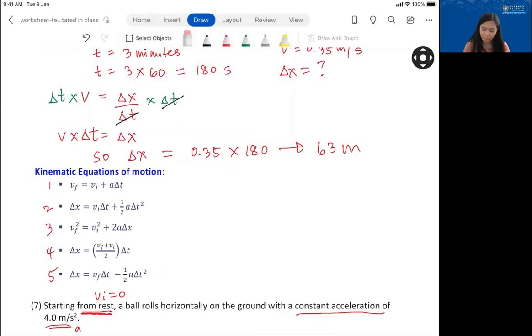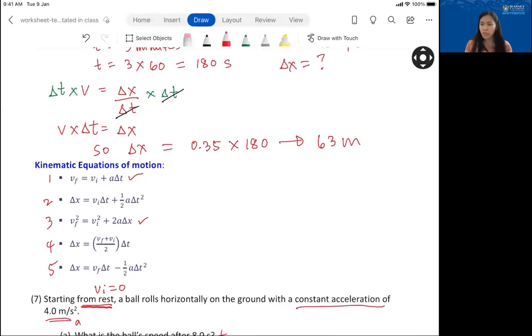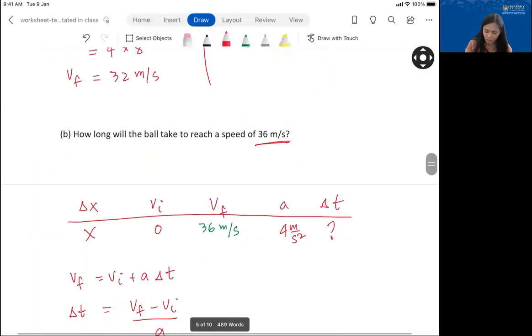If I were to choose, I will choose equation 1 because I don't have to rearrange anything. It's all already given in terms of Vf, and I know everything else. Technically, equation 3 is also quite easy. It's just Vf squared, but remember that whatever you get, you have to take the square root of that. So let's just use equation 1, shall we? It's the simplest one, Vi plus A delta t.